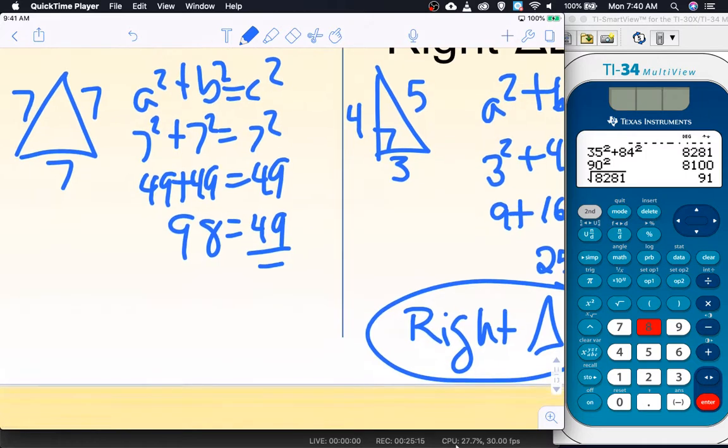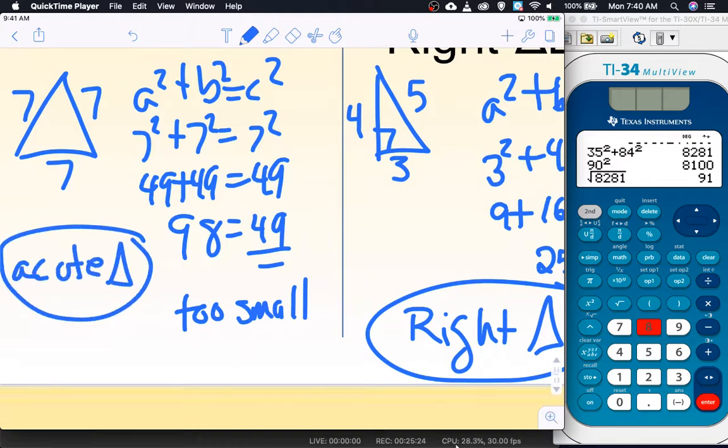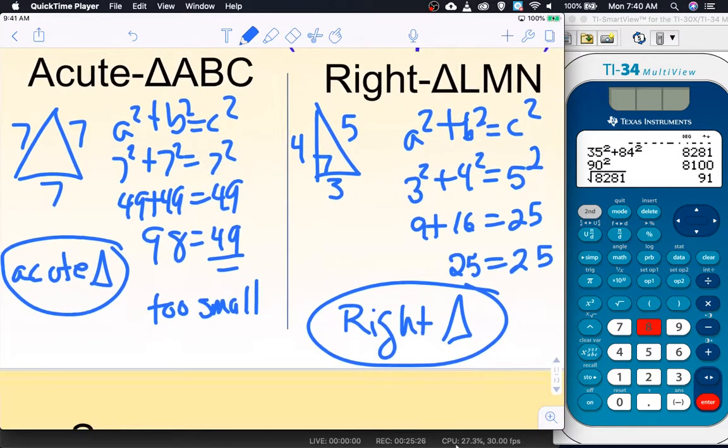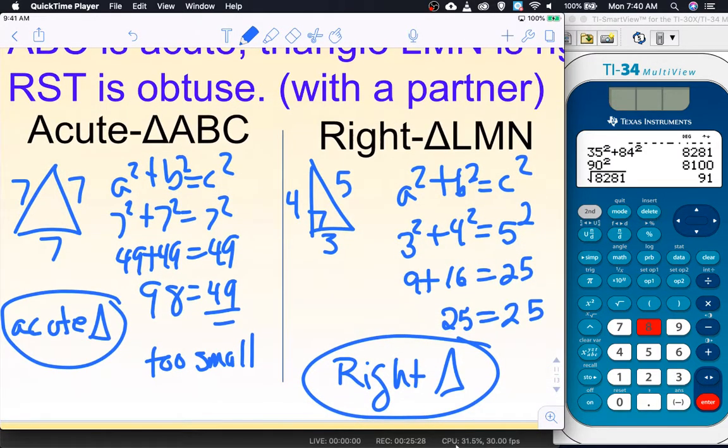That is too small. This is an acute triangle. Two down, one to go.